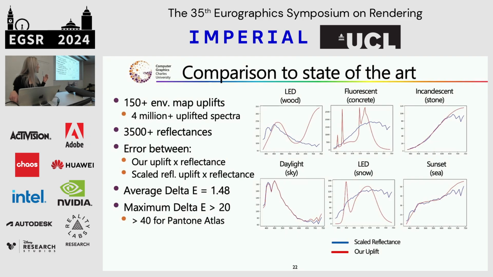And what we did is we compared the RGB value of these reflectances under our uplifts versus the scaled reflectance uplifts. The average error here was delta E 1.5, which is already slightly noticeable. However, the even more meaningful thing is that the maximum delta E was sometimes even over 20, which is basically a different color, and sometimes even 40 for some specific saturated colors from the Pantone Color Atlas.